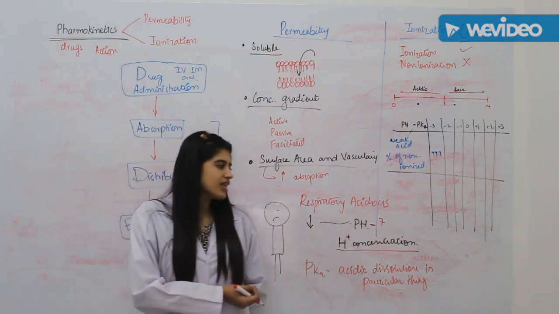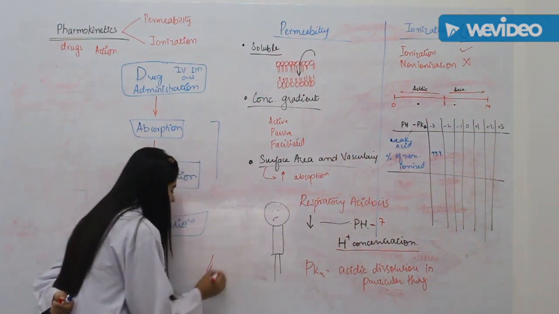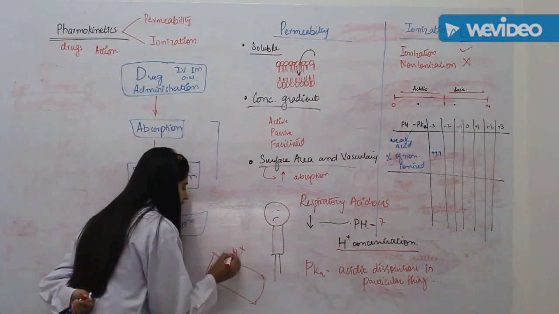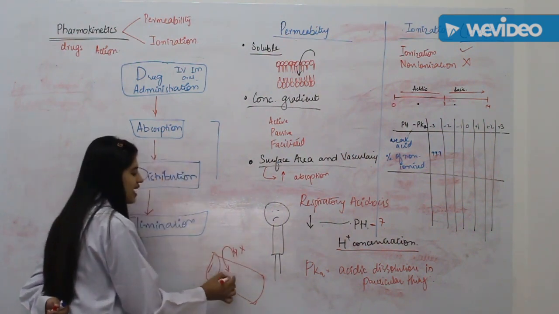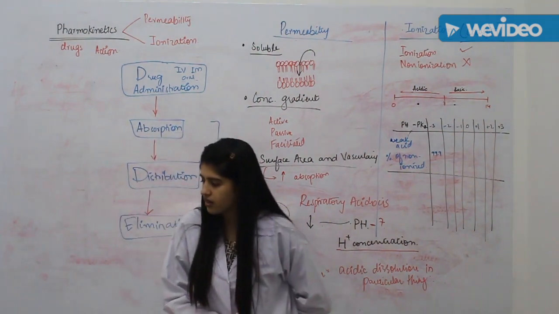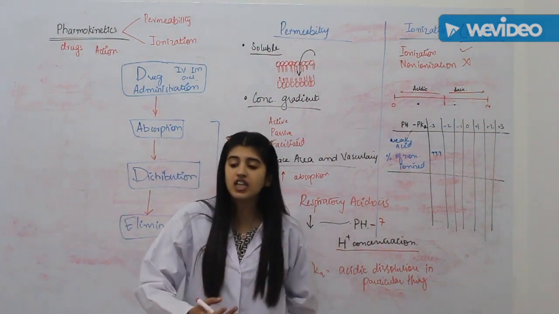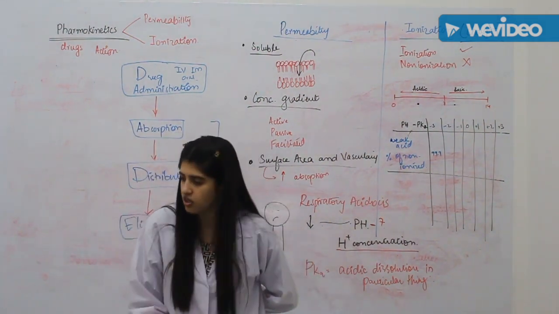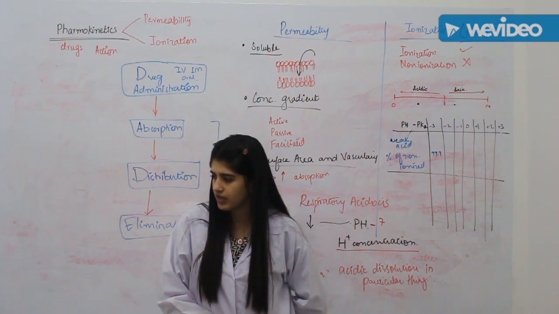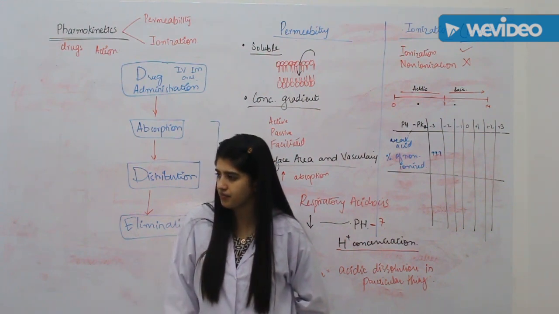For example, this is the blood. How much hydrogen ions can be concentrated in this blood? We can say this is the pKa of the blood. Okay? The solubility, the dissolution of blood is pKa.